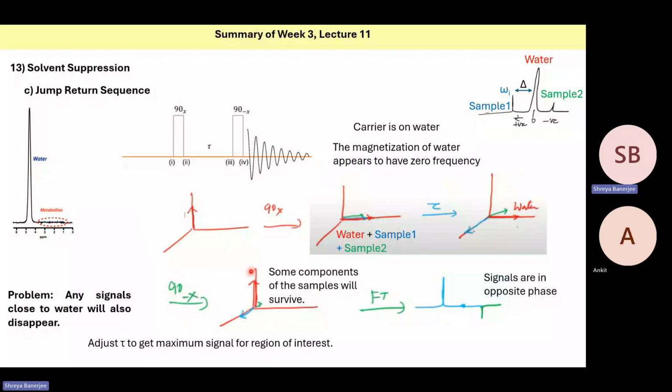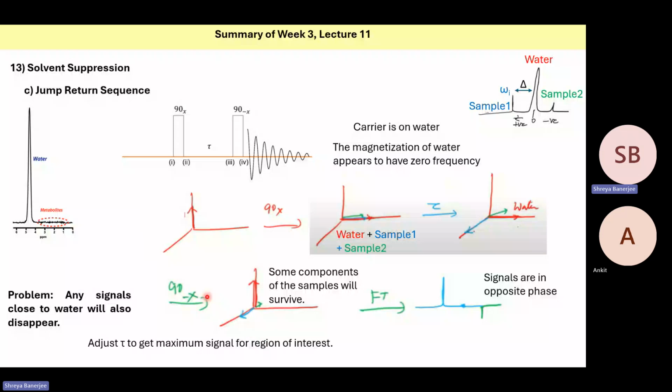So both the signals of sample 1 and sample 2 have reduced because some component of that signal has gone back to the z-axis. But because they were precessing along the transverse plane, some of the component will survive.